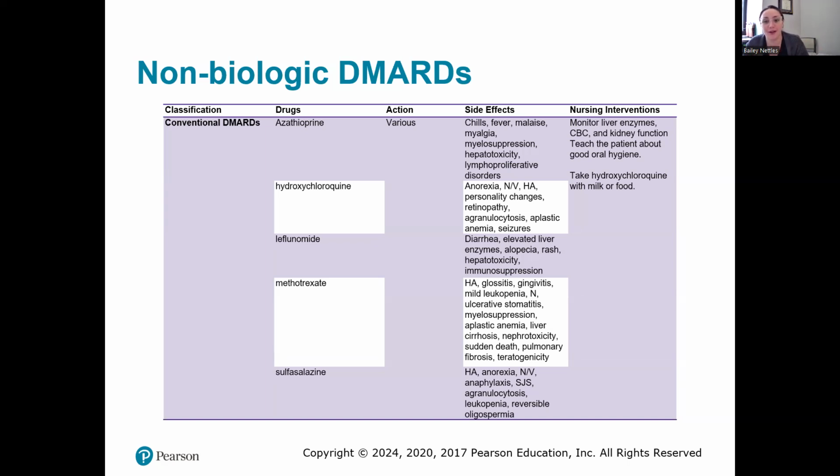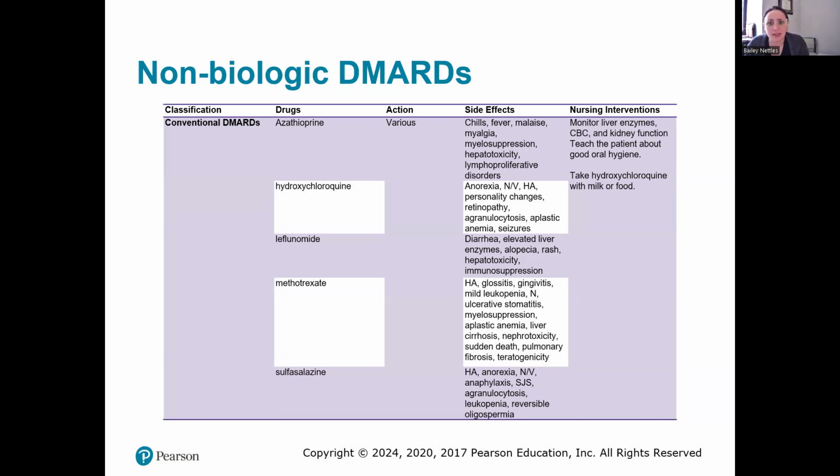Okay, so we have to tell this patient they can't get pregnant because we know we use it to terminate ectopic pregnancies, and tell them about the kidney, the liver and the pulmonary side effects, and the myelosuppression. Like with all of these, I don't know if I said this already, but we have to avoid crowds.